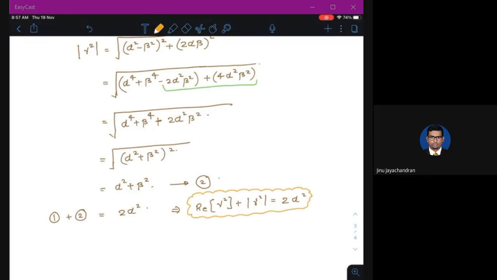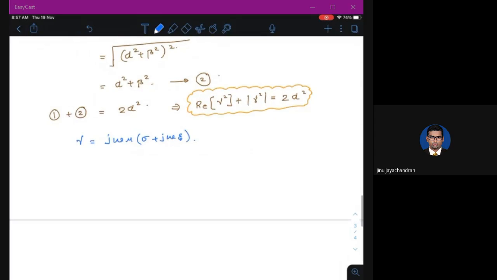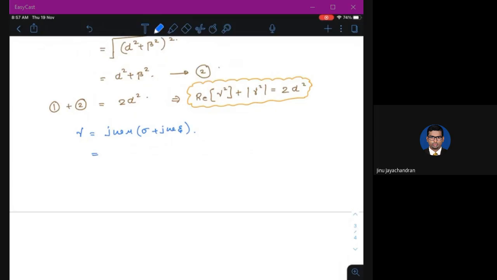Now we know the values of gamma. We know that gamma square is equal to j omega mu into sigma plus j omega epsilon. Let's expand this again. This is j omega mu sigma minus omega square mu epsilon.